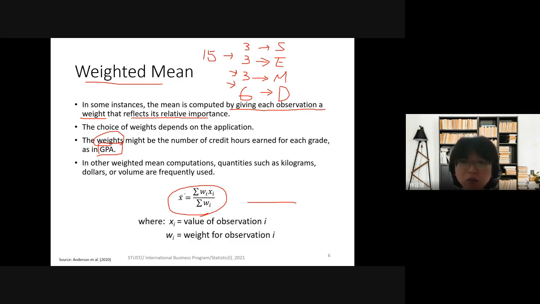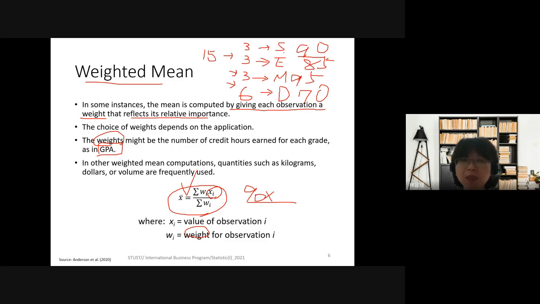So how to calculate the weighted mean? Maybe this semester the score you get from statistics is 19, English is 85, music is 95, and design is 17. So how to calculate it? You need to calculate the value of each observation multiplied by its weight.